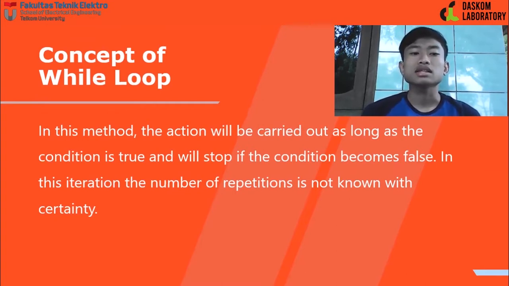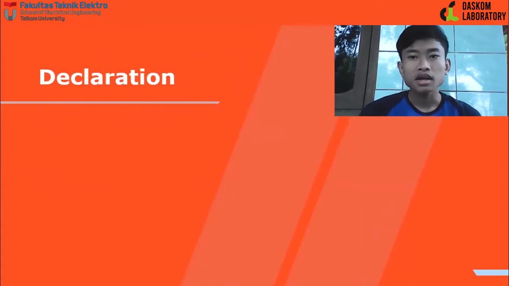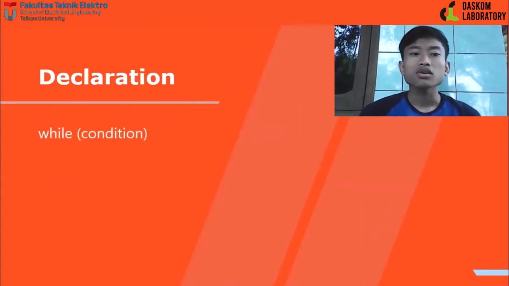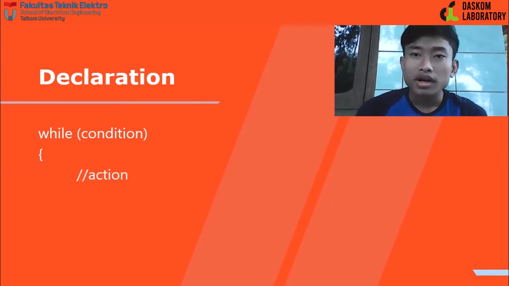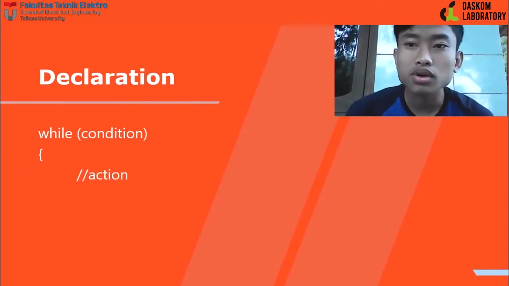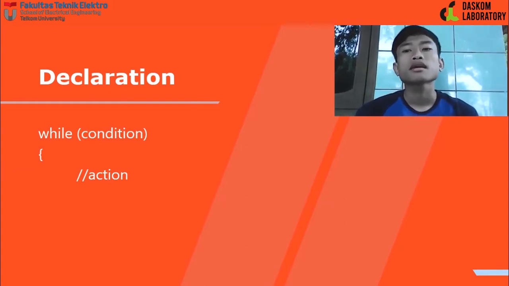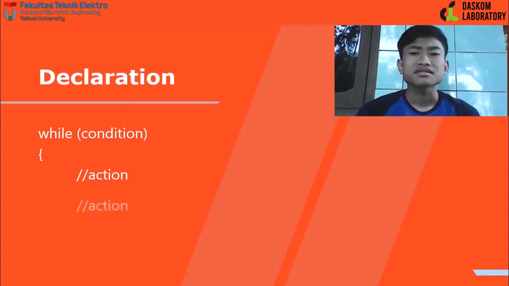And in this iteration, the number of repetitions is not known with certainty. The declaration of while loop is while, then condition, and then action. The action can be more than one, such as 1, 2, or 3, and maybe some action.